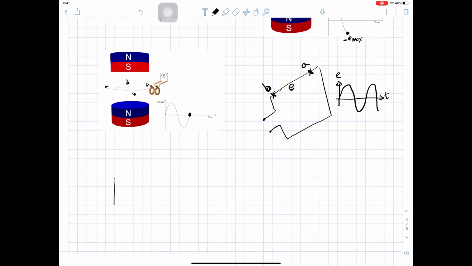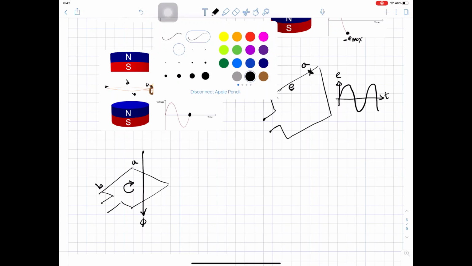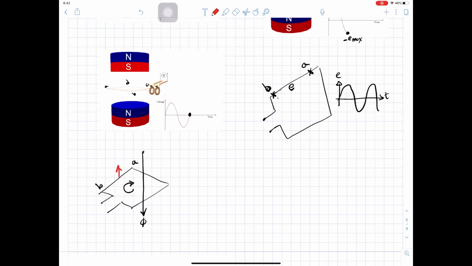So we will take this coil first horizontal, so here is A, B, and we are assuming that the flux is going, say, down. We are rotating in this direction, so the direction of the speed is going up.